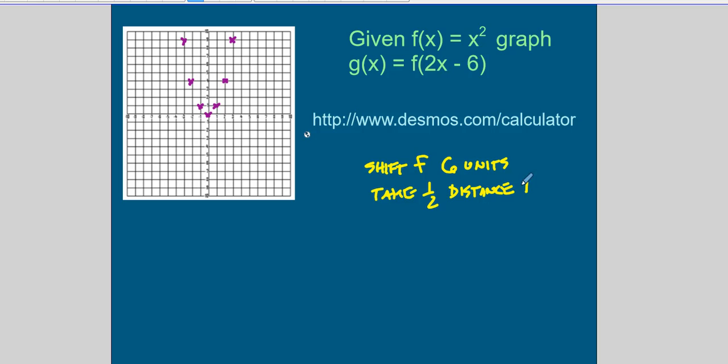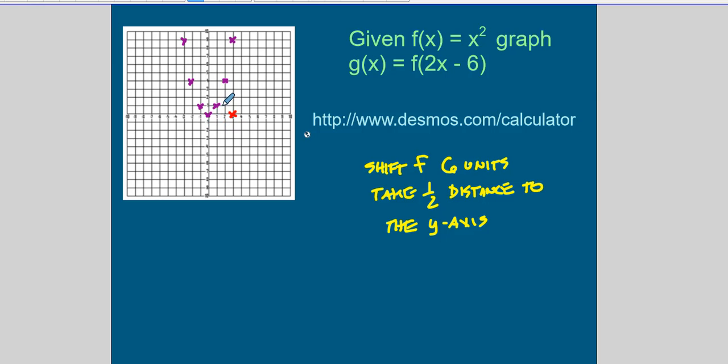Half distance to the y-axis. So let's use red for starters. So this point here is going to get moved 6 right, but then it's going to get sucked back to here because we're taking half the distance back.